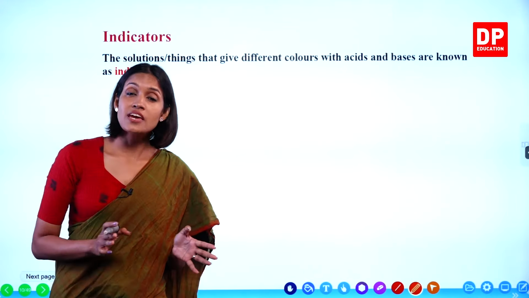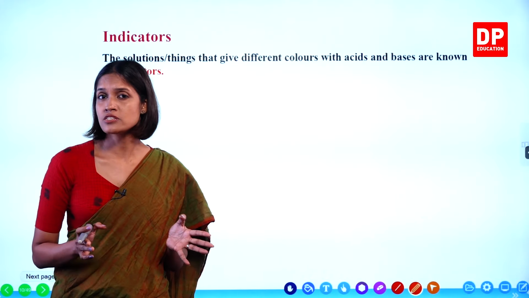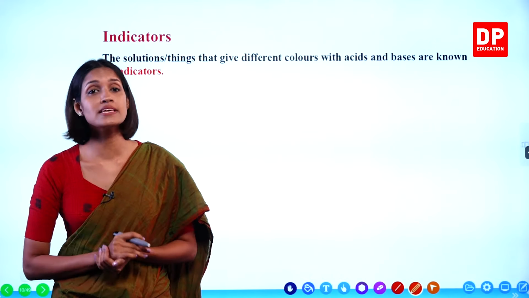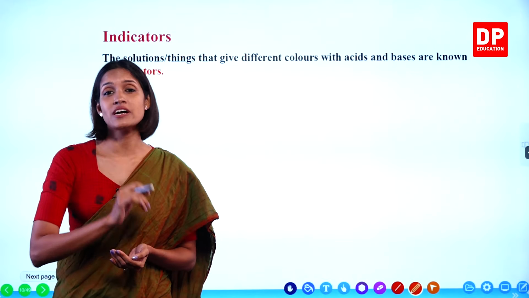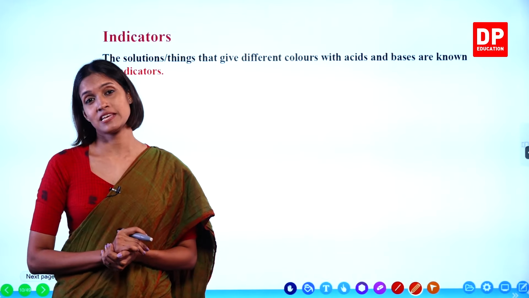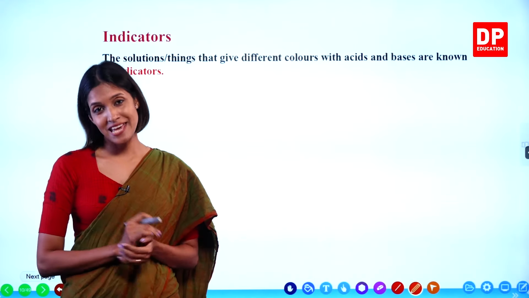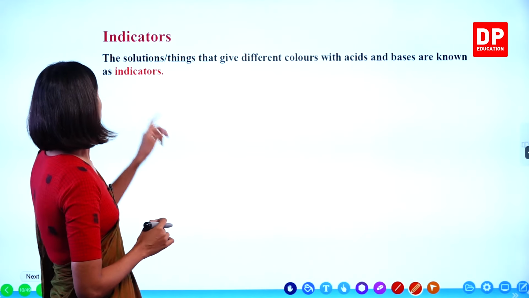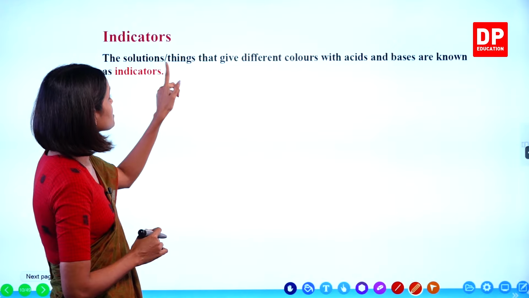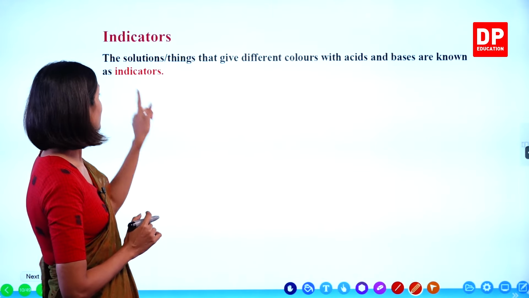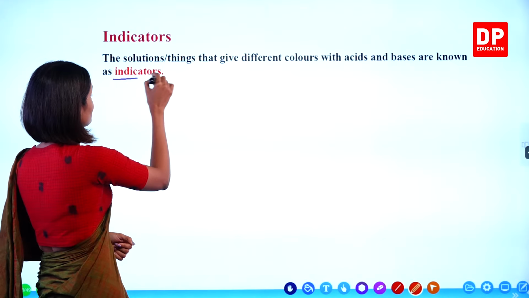How do we identify them using these other types of substances, solutions? They can change the color according to acids and bases. So these types of chemical substances are known as indicators. The solutions or things that give different colors with acids and bases are known as indicators.